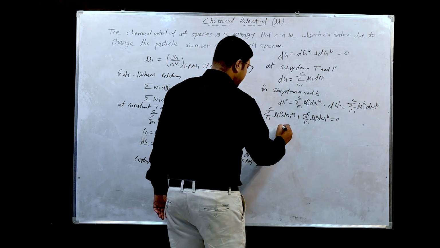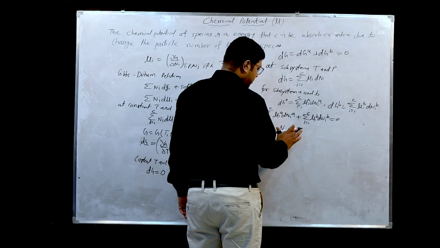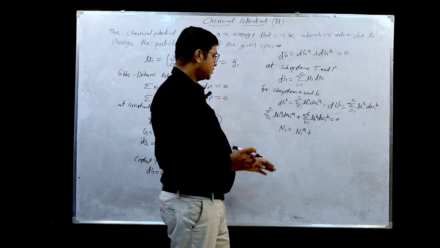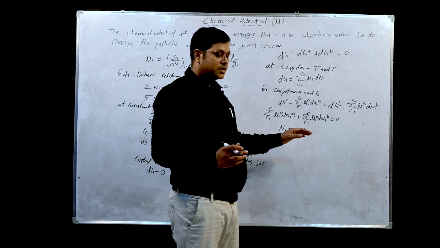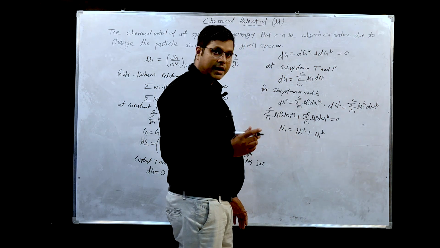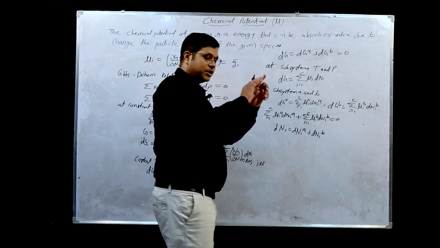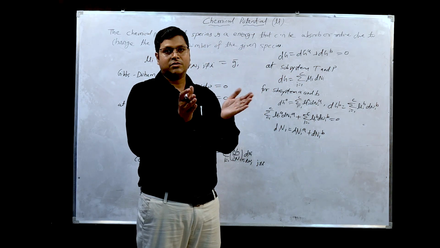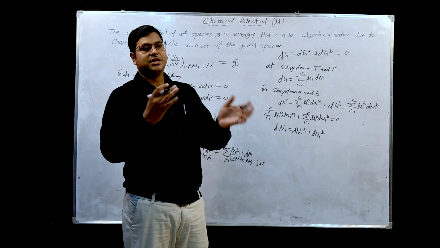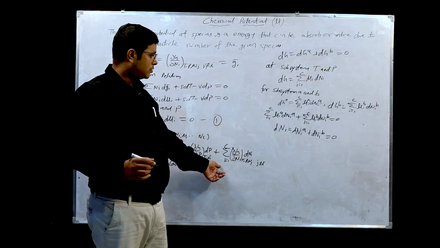As we know, component Ni in the overall system is the summation of component i in subsystem A plus component i in subsystem B, and let's differentiate both sides. Because the system is closed and isolated, there is no exchange of components between the system and surroundings, so this becomes 0, like we have considered over here.